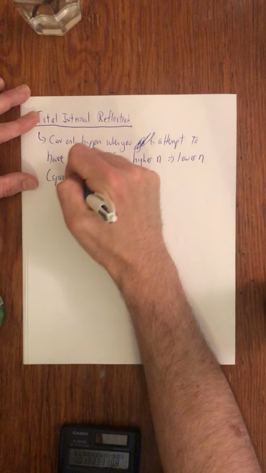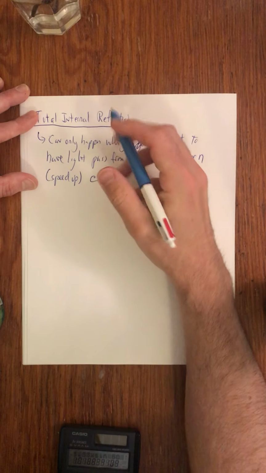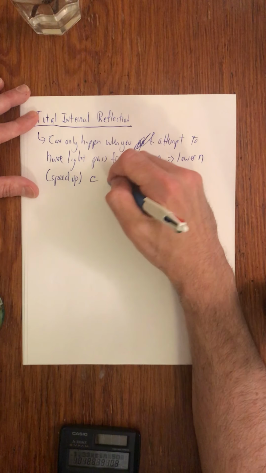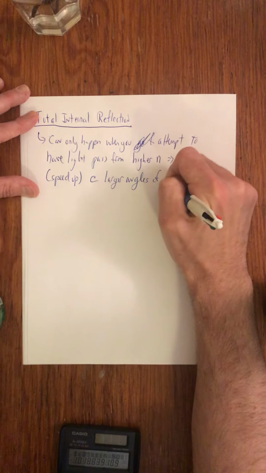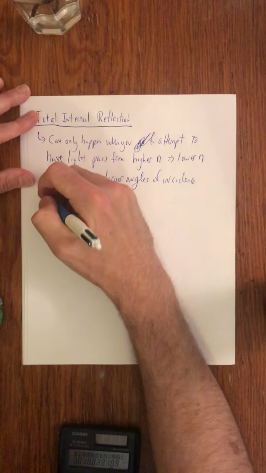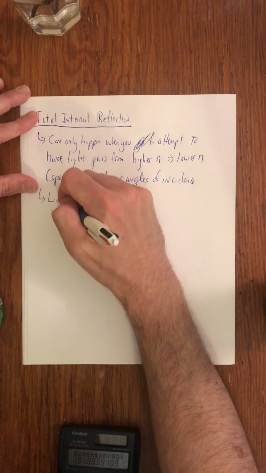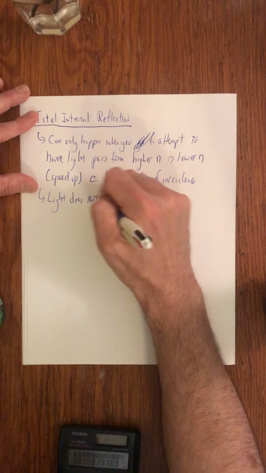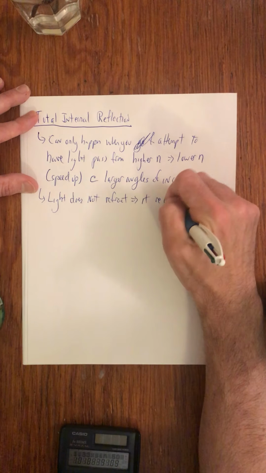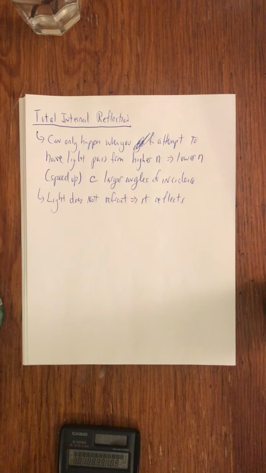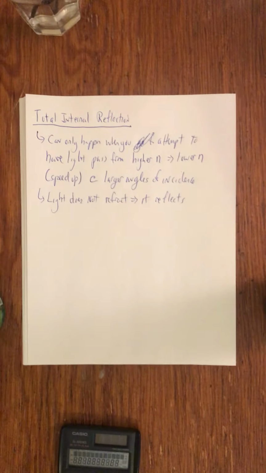Meaning when the light is trying to speed up, and then only at larger angles of incidence, right? And what happens here is that the light does not refract, it reflects. And we call it internal reflection because you can kind of think of it as the light getting trapped within that material.